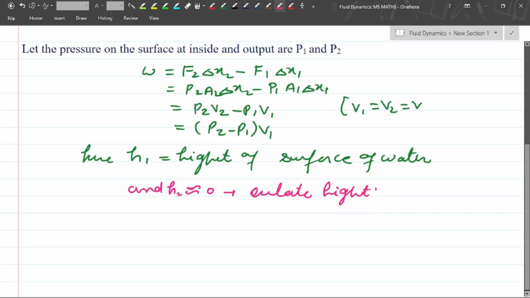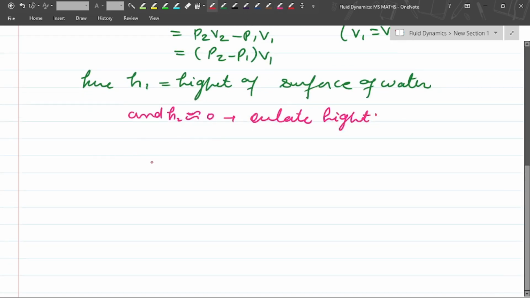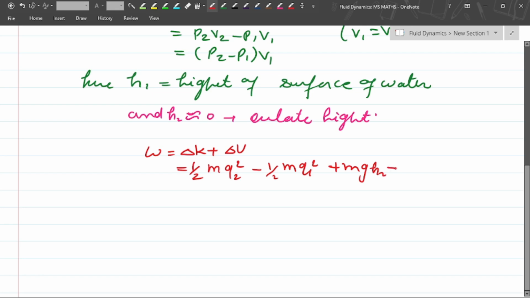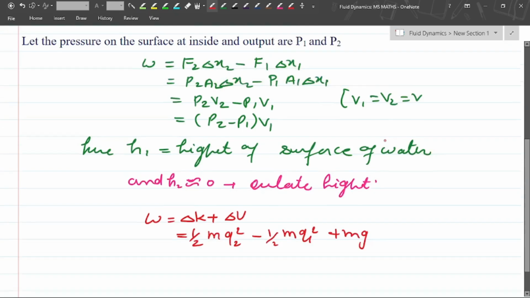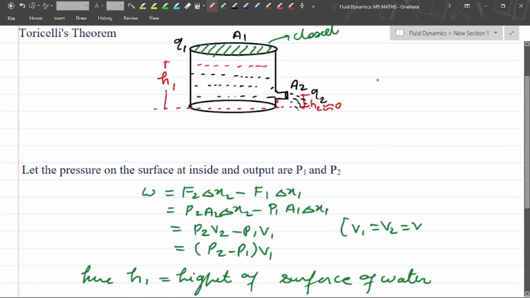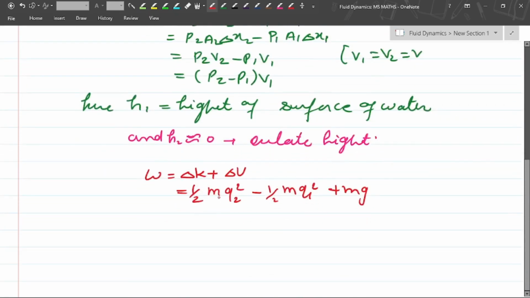So work is basically the change in kinetic energy plus delta U. So it is 1 by 2 m q2 square minus 1 by 2 m q1 square, the difference, and it is mgh1 minus mgh2.